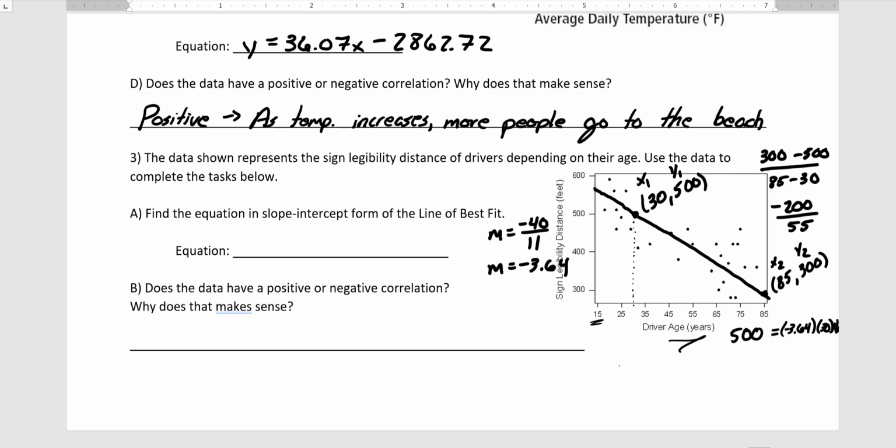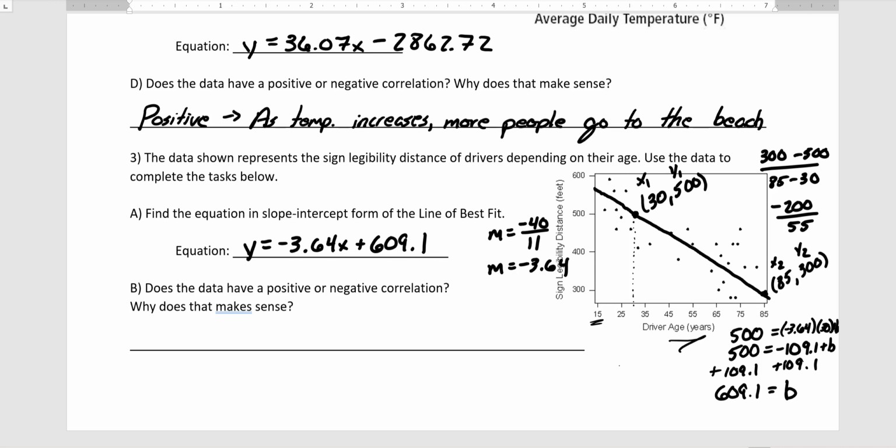Okay, so negative 109.1 plus b. I can add 109.1 to both sides, which tells me that 609.1 would equal b. So my equation would be y equals negative 3.64x plus 609.1.